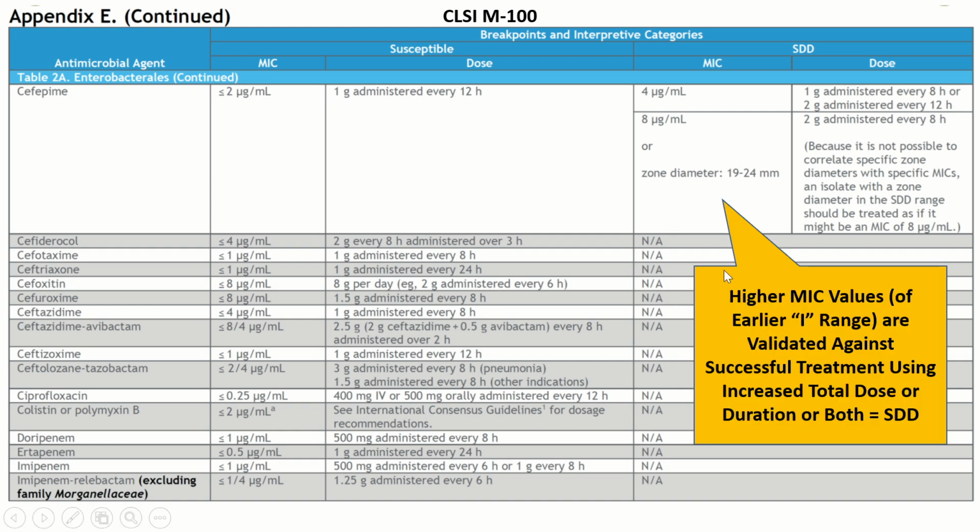So this SDD basically has the validated breakpoints against the increased MIC value. When the MIC value increases and you have validated that dose with a successful outcome, that MIC value becomes a susceptible dose dependent.